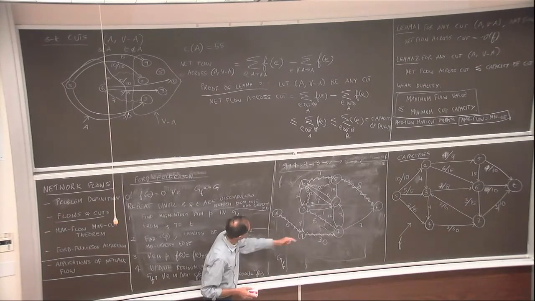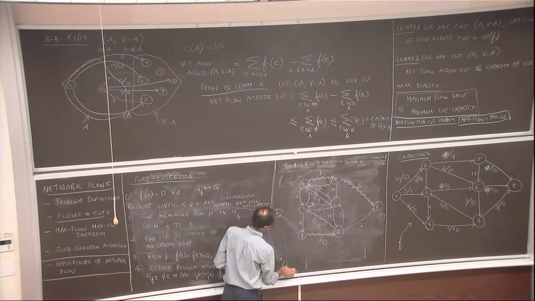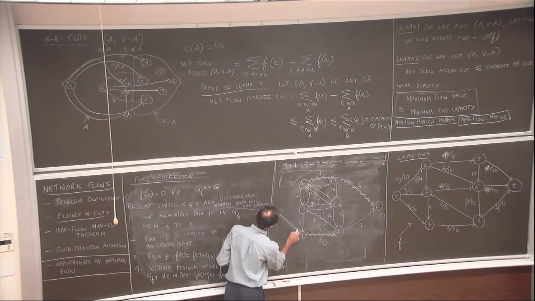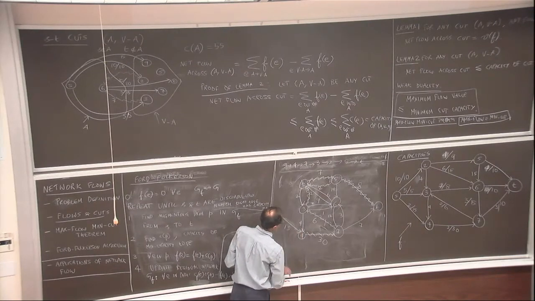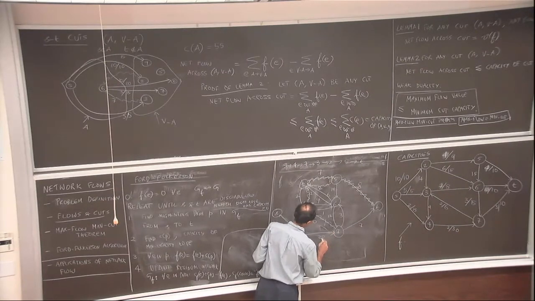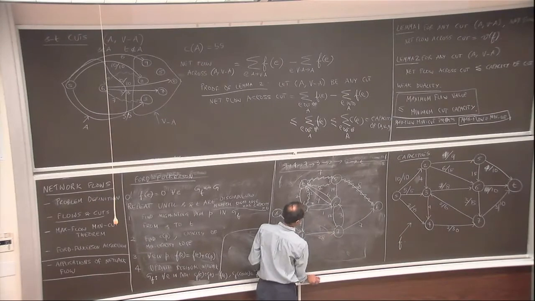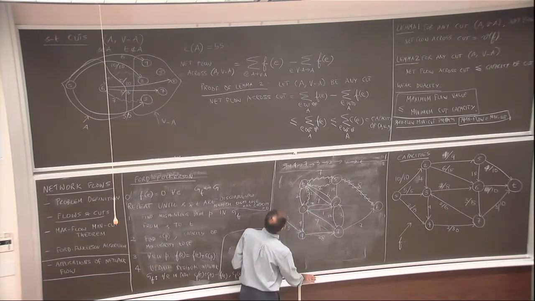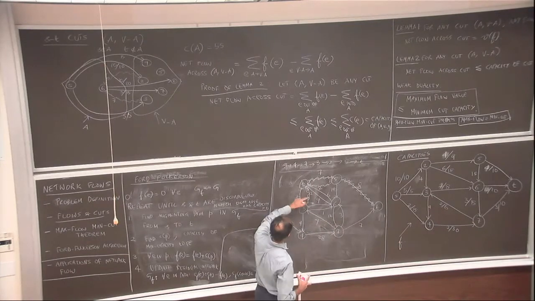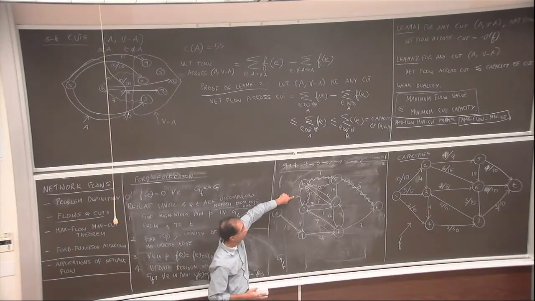So S to 4, now it has become 13. 4 to 7 has now become 28. 7 to 3 has become 4. 3 to 2 has become 0, which is the same thing as this becoming 4.